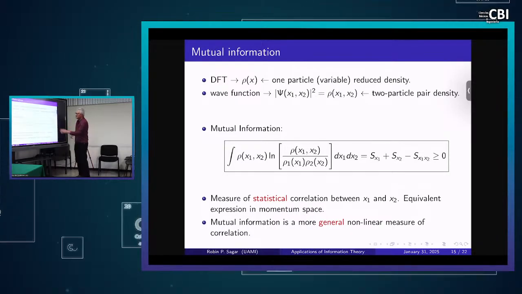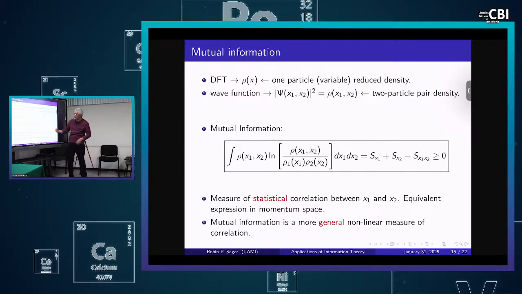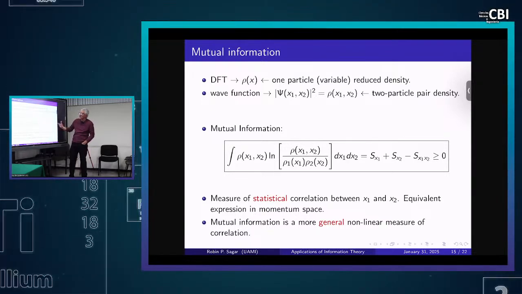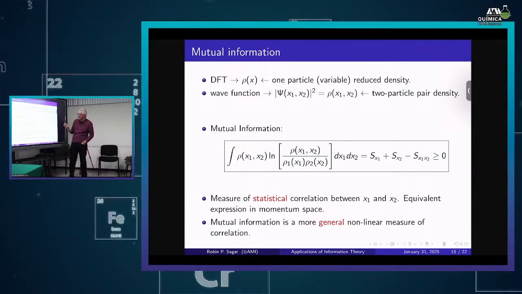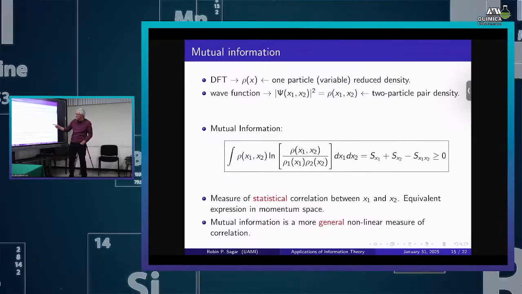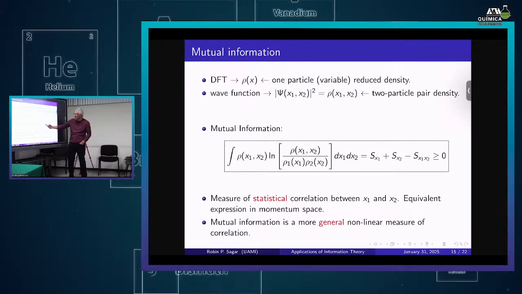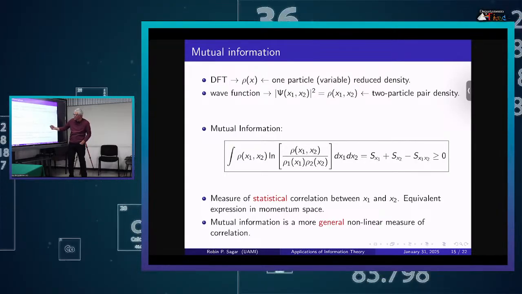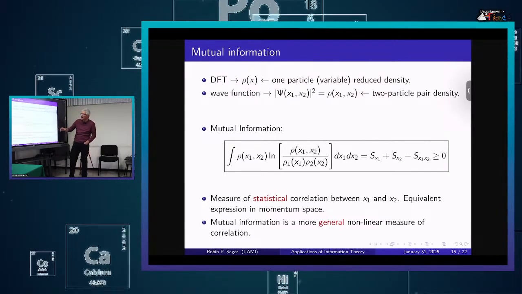This is the definition. So what you see is a tie-in between uncertainties and correlation, because you can calculate the statistical correlation knowing the entropy of a pair density and the entropies of the one-variable systems.